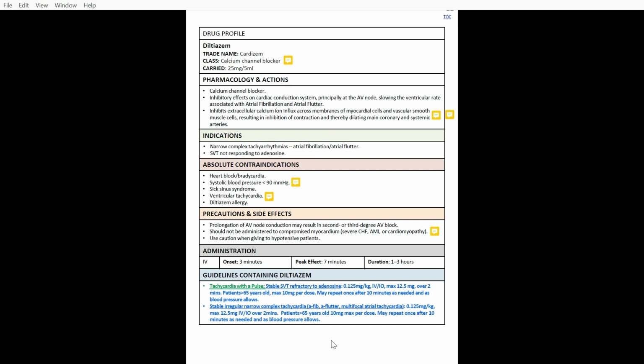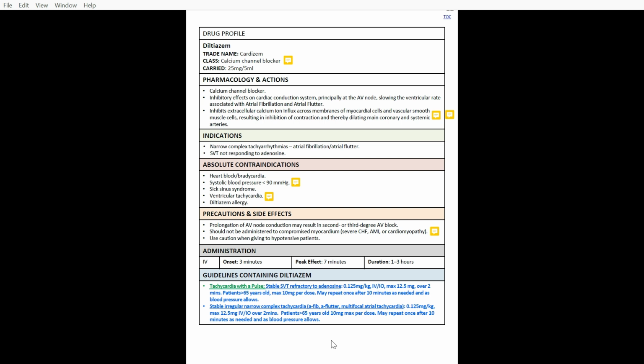Its pharmacology in action is this drug is a calcium channel blocker, so it has an inhibitory effect on the cardiac conduction system. So basically, what it does is you have all these rapid electrical impulses traveling down from the SA node or the atria and through the AV node.